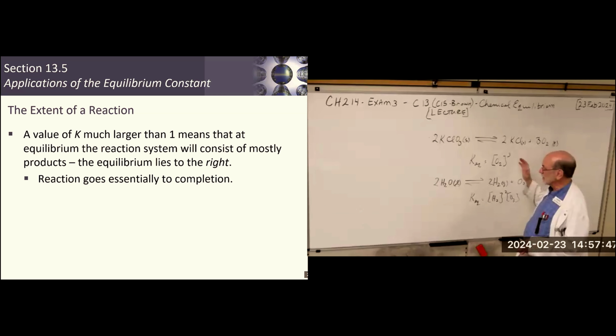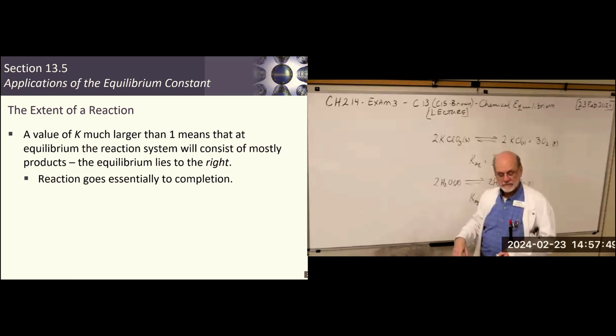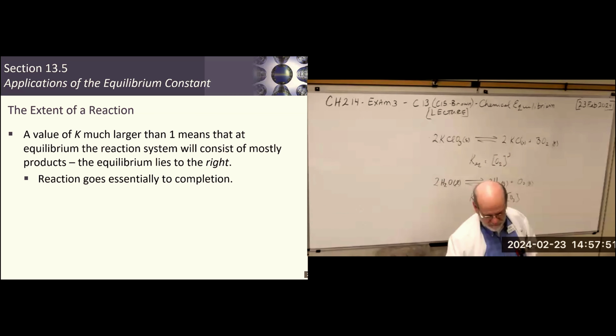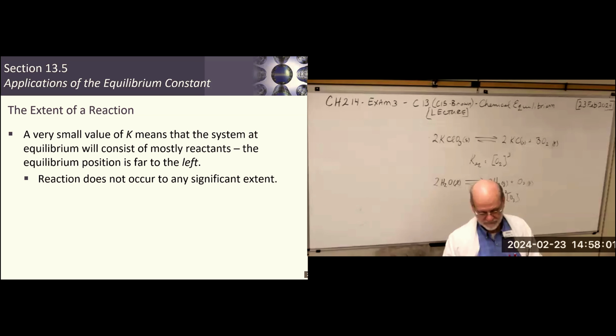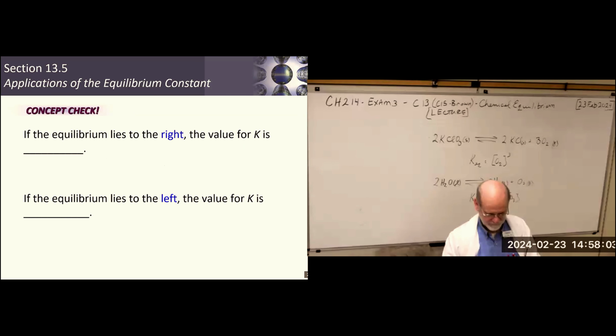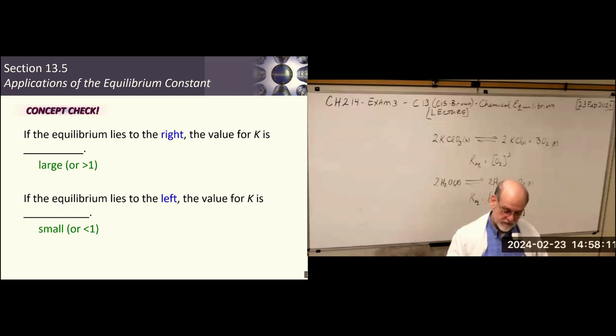And if it's much, much less than 1, it's mostly to the left. And if it's a very large, positive value, then the reaction essentially goes to completion. If the equilibrium lies to the right, the value of K is large or greater than 1. If it's to the left, the K is small or less than 1.